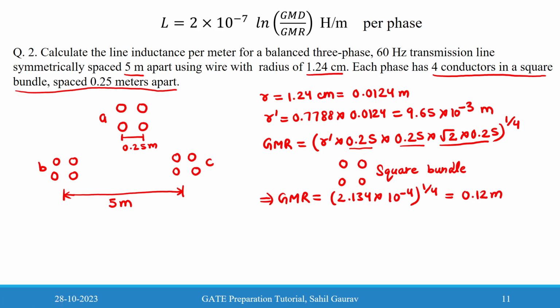Correct. We always find the geometric mean radius for the same current, and then we go for geometric mean distance for the conductors in which other currents are flowing. In this bundle, similar current is flowing in all the conductors.